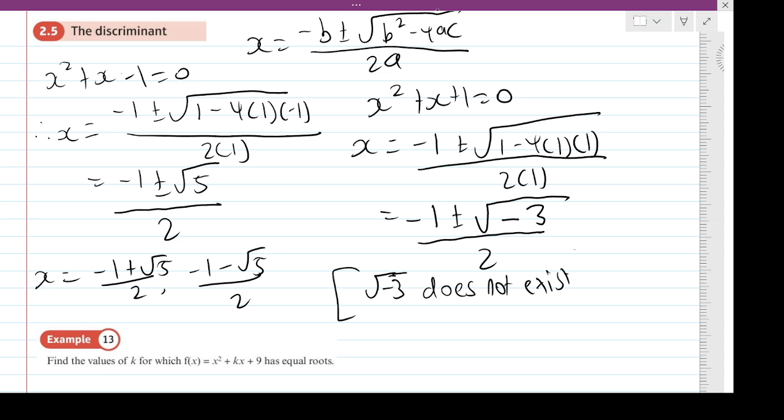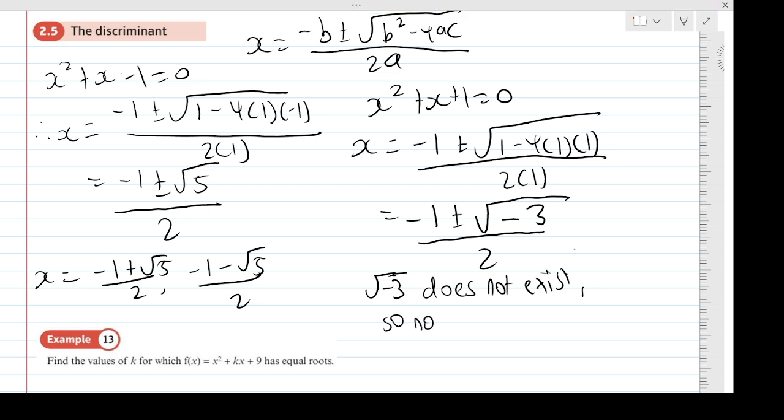But for normal A level, in terms of graph sketching and what you need to work with, you won't get a proper answer. So it does not exist. So there are no solutions to that equation.